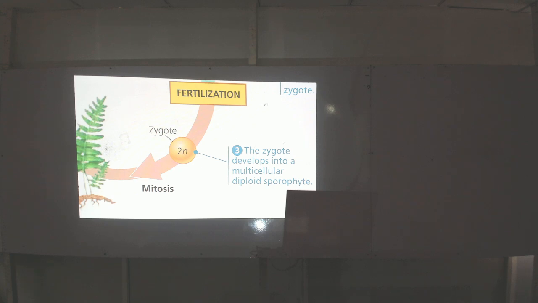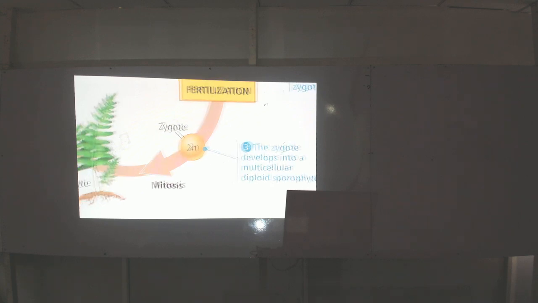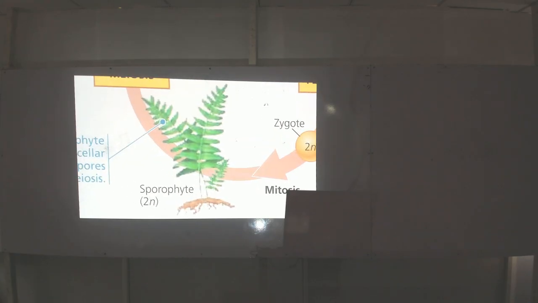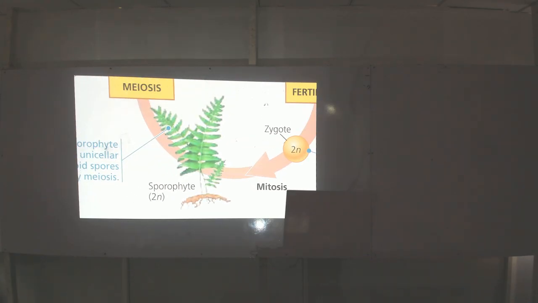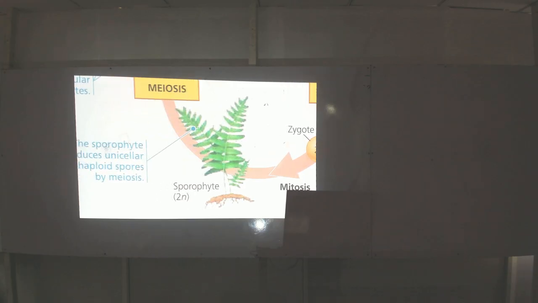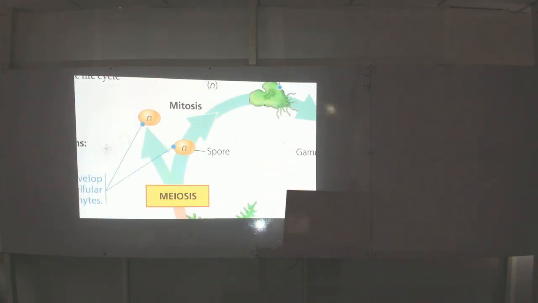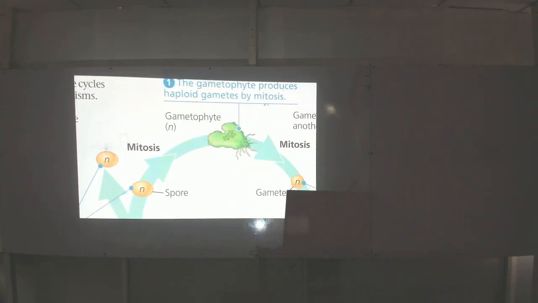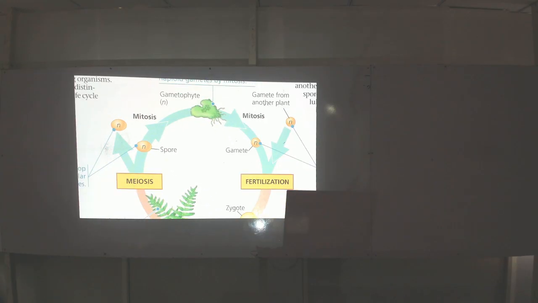First a single-cell diploid one, then it's going to divide by mitosis to get this nice complex sporophyte again. Okay, simply put, right? And both this sporophyte and this gametophyte have their own reproductive organs. What do you call the reproductive organs of the sporophyte?